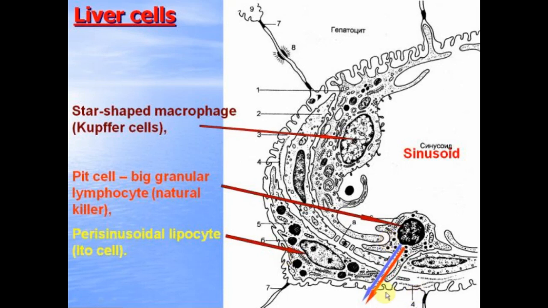At the same time, it produces stimulators of regeneration, proliferation of normal hepatocytes. It helps liver regeneration after disease or some disturbances.